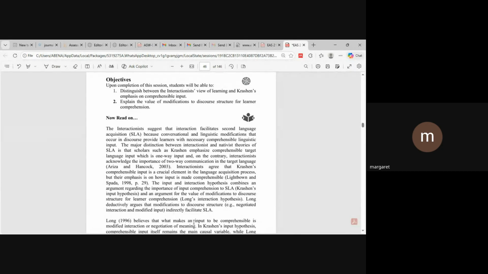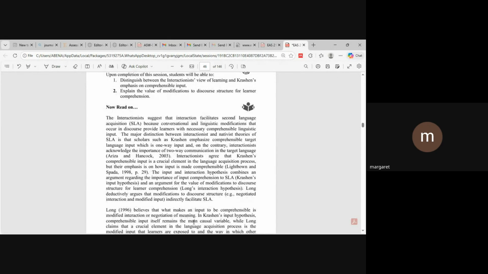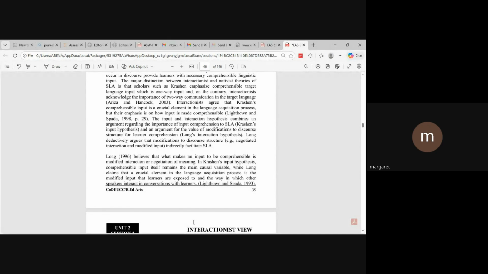Long believes that what makes an input comprehensible is modified interaction or negotiation of meaning. So even the input depends on how meaning is established through interaction.